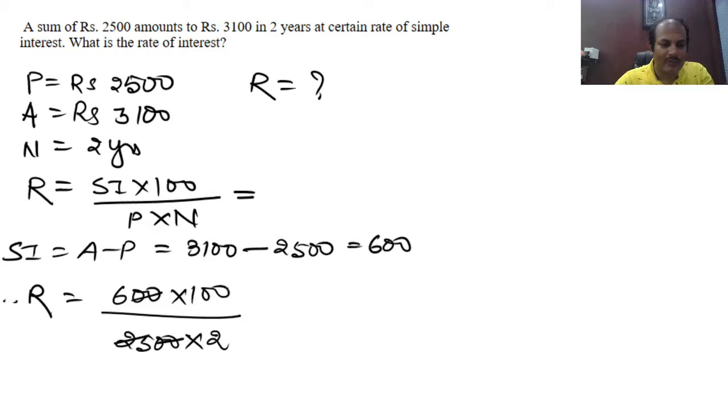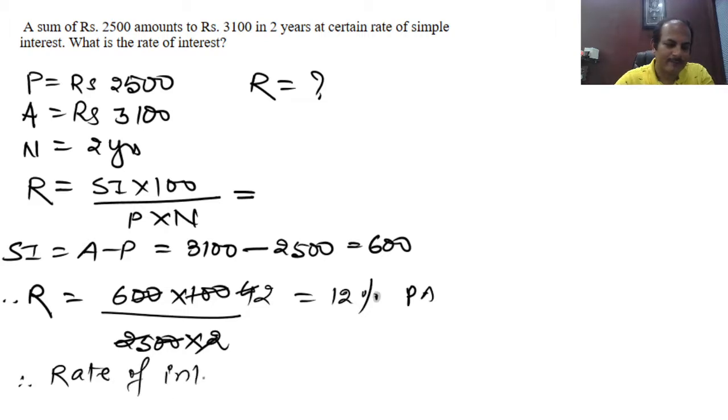Now 25 4s are 100, 2 2s are 4, that is 6 2s are 12. So that is nothing but 12% per annum. Therefore, the final concluding statement I can write is, therefore rate of interest is equal to 12% per annum.